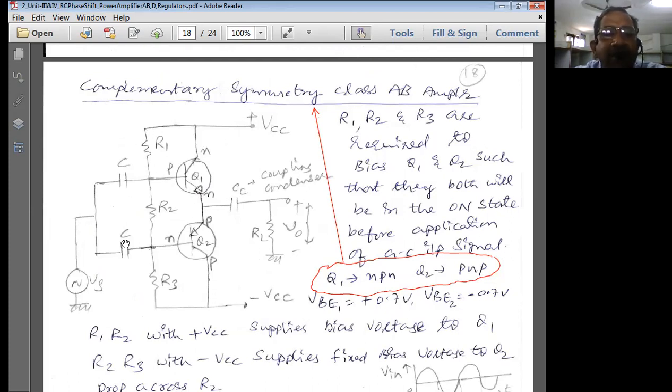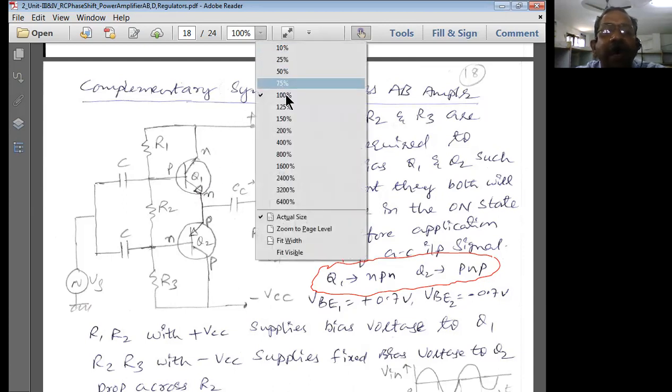And how am I applying biasing now? Biasing is applied through the resistors R1, R2 and R2, R3. So Q1 is biased from VCC, R1 and R2. Look at the diagram here.